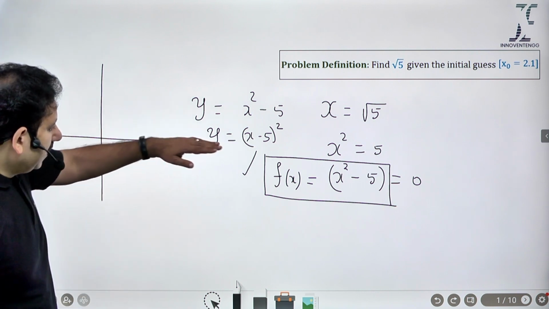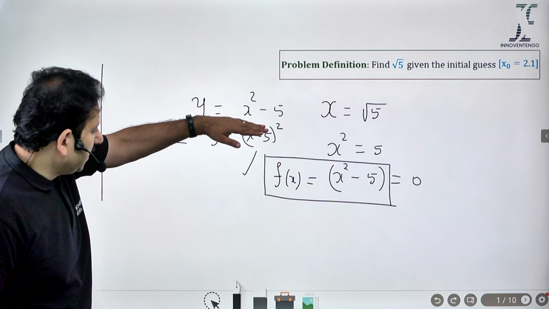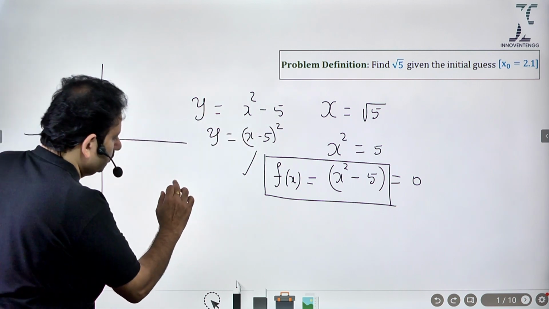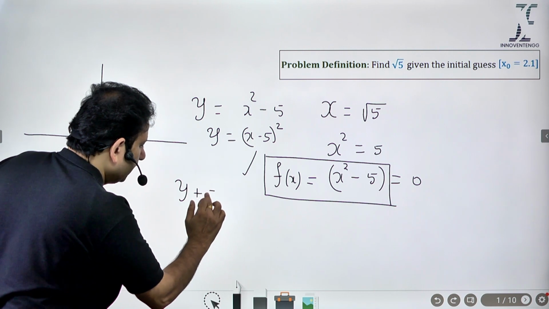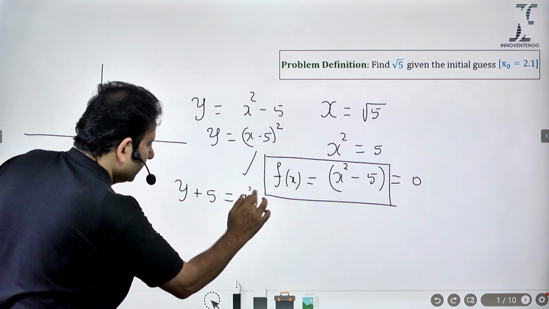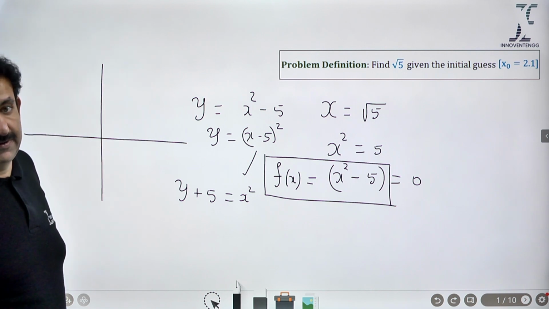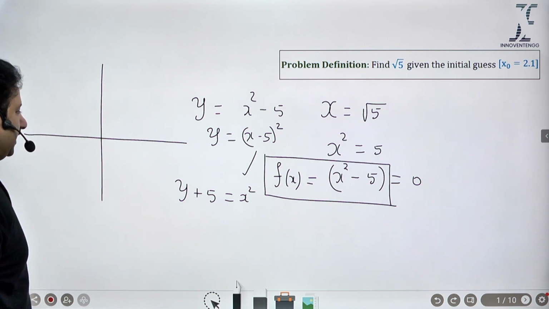But here I am subtracting 5 from x square, rather I am adding 5 to y, because this can also be represented as 5 plus y is equal to x square. In such a case, the function can either shift up or shift down. That should be understood carefully.